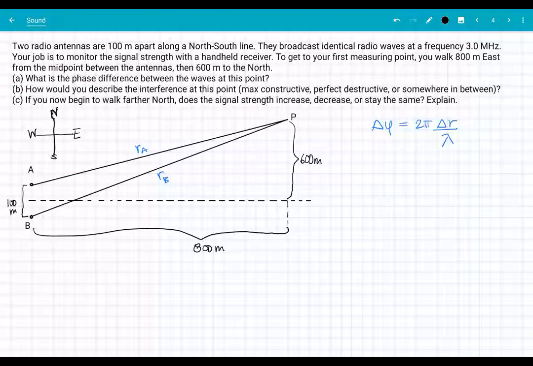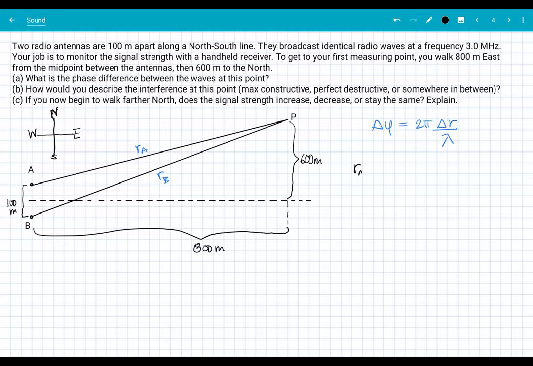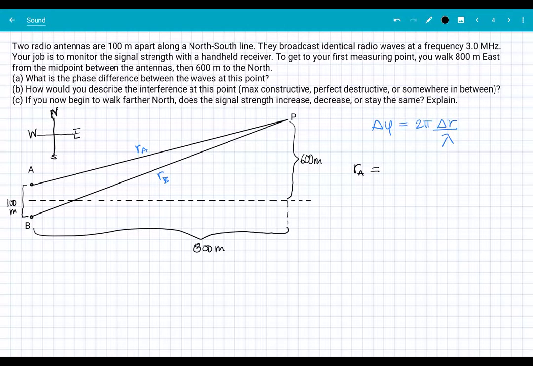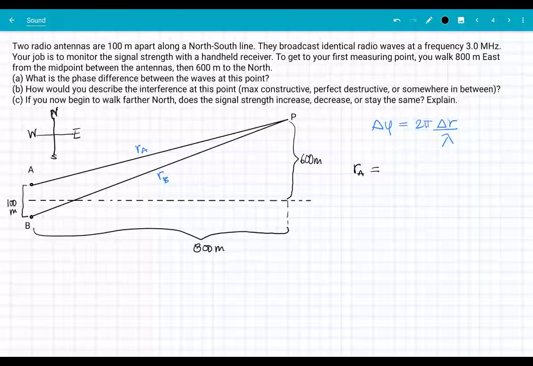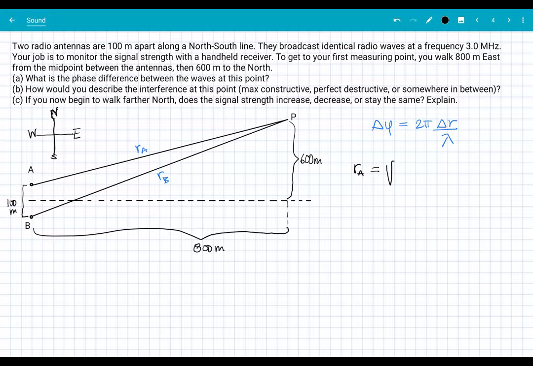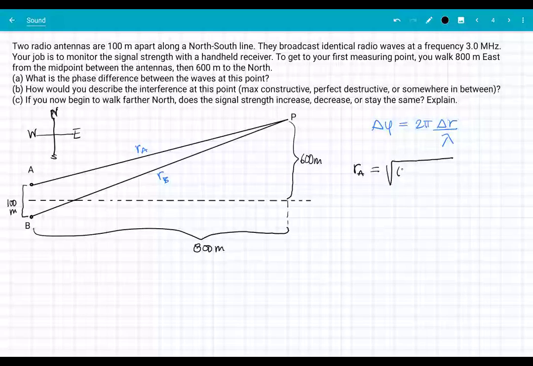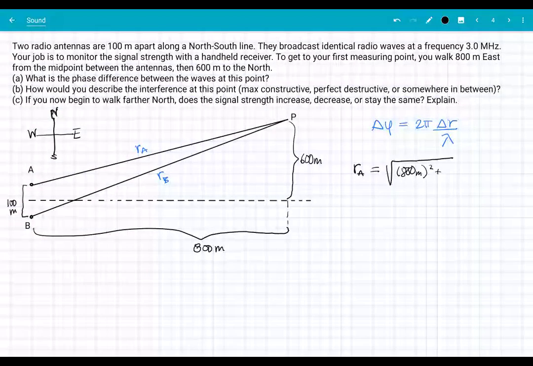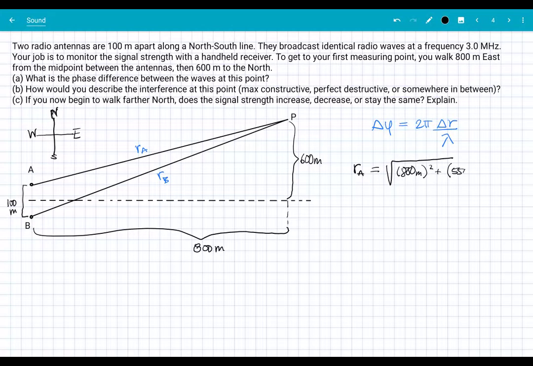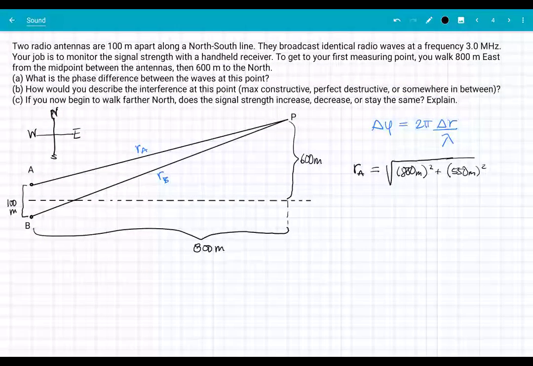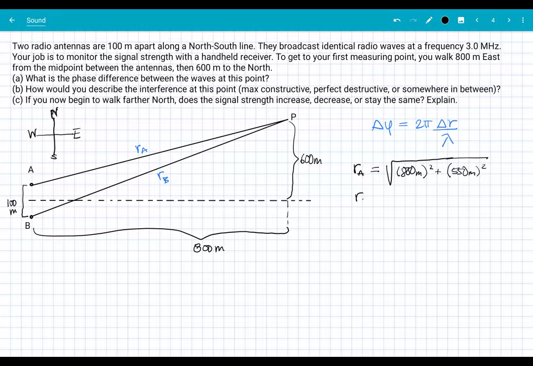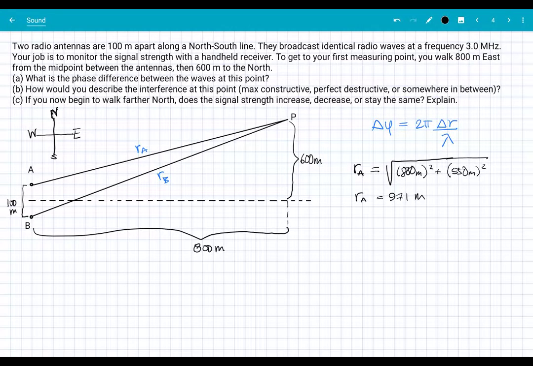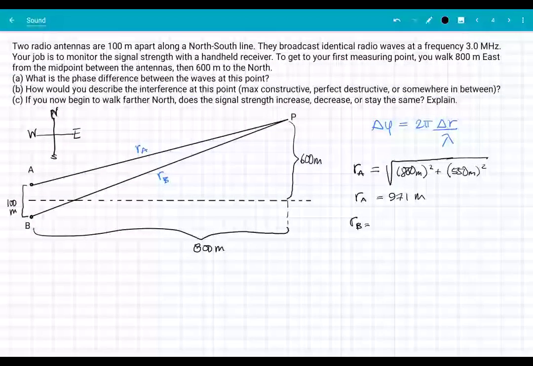So anyway, R sub A, we can solve for just by solving for a hypotenuse of a triangle. Let me write this out so you can follow along. That'll be 800 meters squared plus 550 meters squared. So for R sub A, we end up getting something around 971 meters. R sub B, we'll do the same kind of thing.